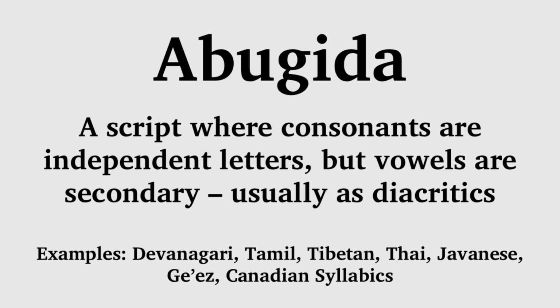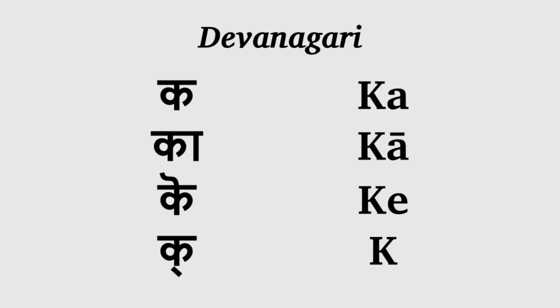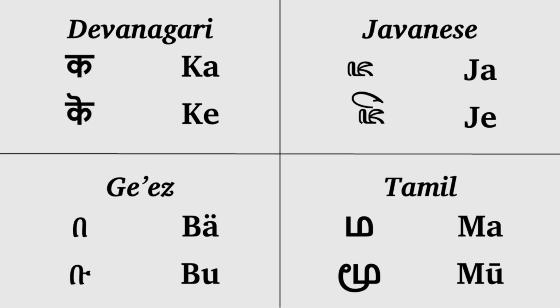Abugidas are similar to alphabets, but while they use consonants in about the same way, vowels do not have the same status of full letters. Instead, they're added onto the consonants as diacritics or accent marks. Each consonant letter also has an inherent vowel, so no diacritic is used if users want to transcribe that consonant-vowel sequence.